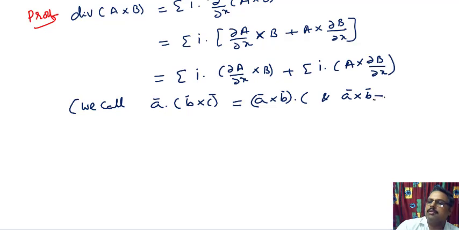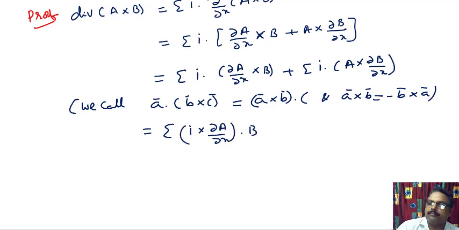Now we recall the property. This can be written as sigma I cross dou A by dou x dot B. Now plus, we interchange these two, A cross dou B by dou x.